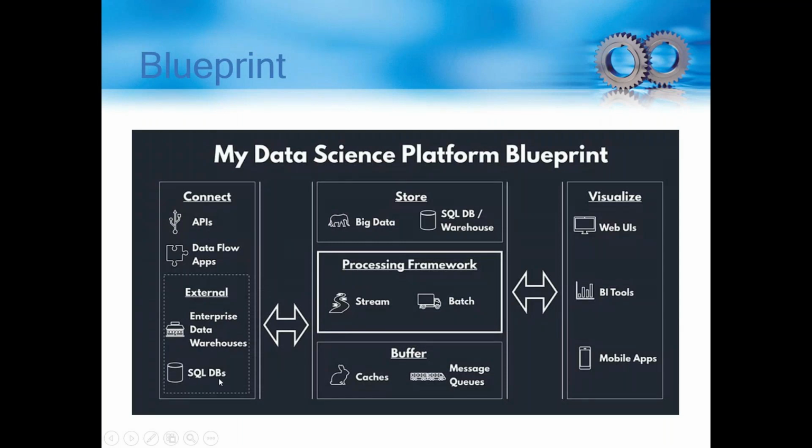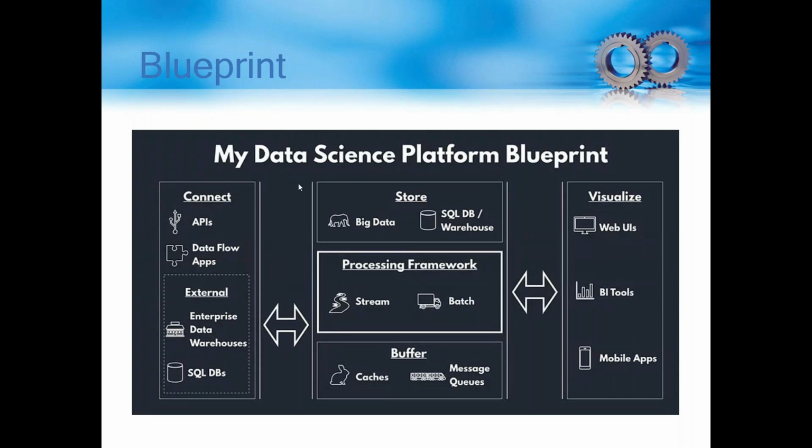If it is a SQL database, where the data is available in SQL format, we can use ODBC or JDBC connections. This is the external source, and some people might be getting the data from enterprise data warehouses or other external data sources. This is the connect phase, or connect layer, in this data science platform.